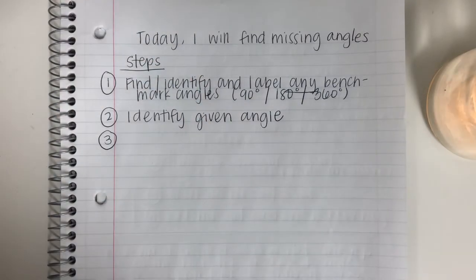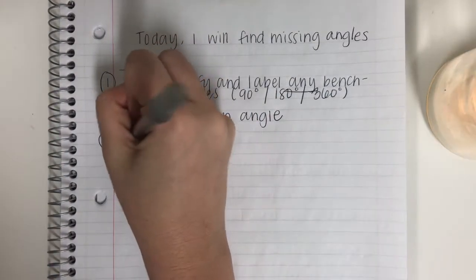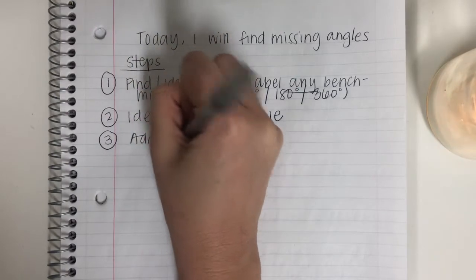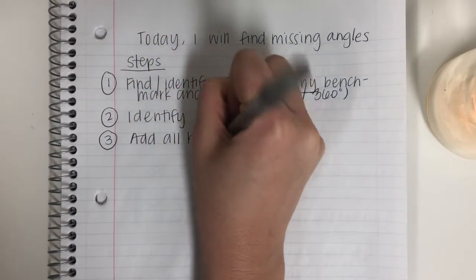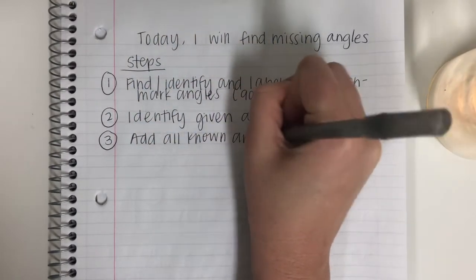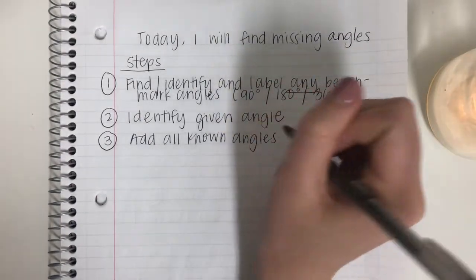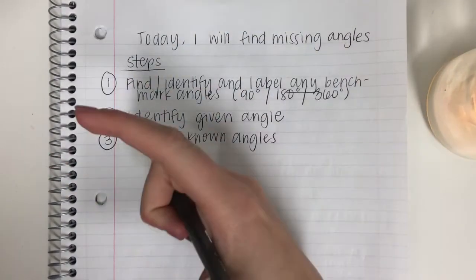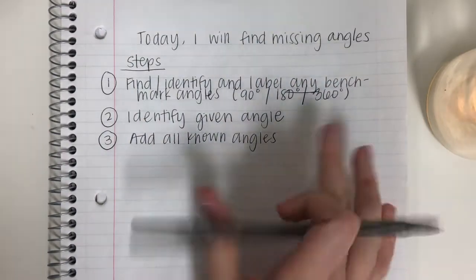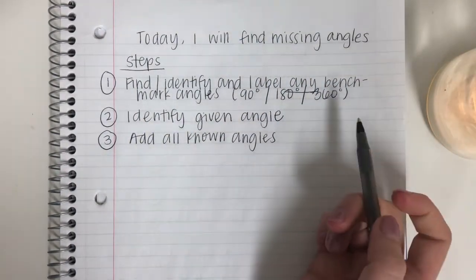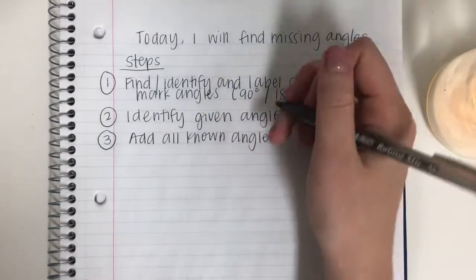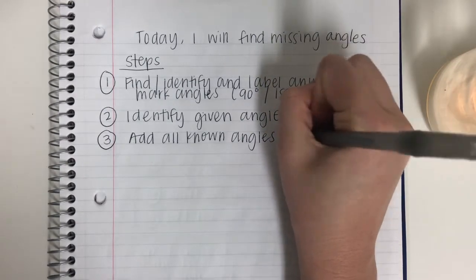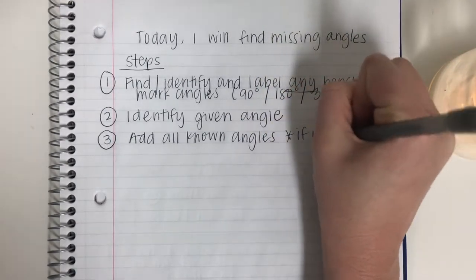Step 3, add all known angles. So maybe they give you 2 different angles and then they want you to find the very last section of the angle. We might have to add up the 2 given angles. Sometimes they'll just give us 1, but step 3 is only if necessary.